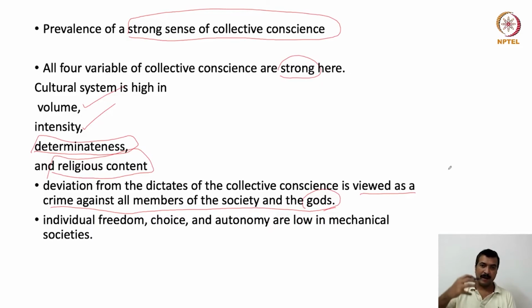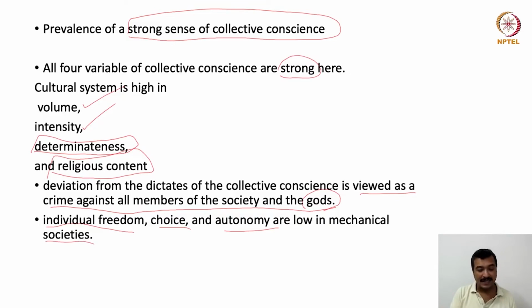If they do something that is not acceptable to that particular group, it will not be tolerated. And so in that sense, the idea of individual freedom, choice and autonomy are low in mechanical societies. Okay?